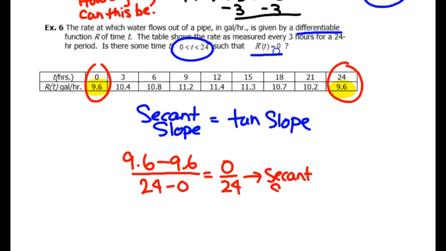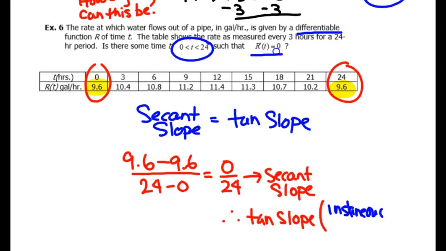My secant slope is equal to 0. Therefore, I know that the tangent slope, which is again your instantaneous slope, or rate of change, I guess, will sometime also be 0 by applying the mean value theorem.